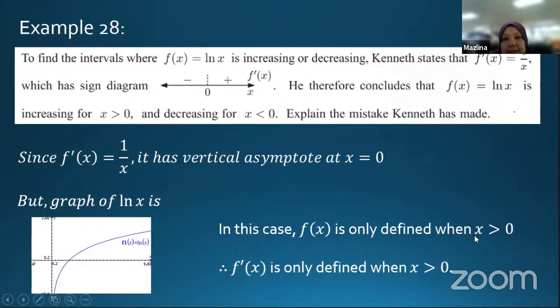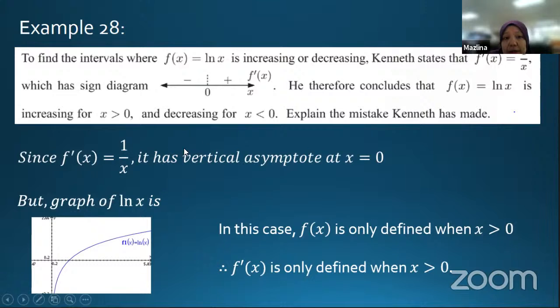Okay, so sebab itulah Kenneth ni make a mistake bila dia kata the graph is increasing for x greater than 0. Yes, for x greater than 0 it is increasing and decreasing for x less than 0. So x less than 0 there is no graph.